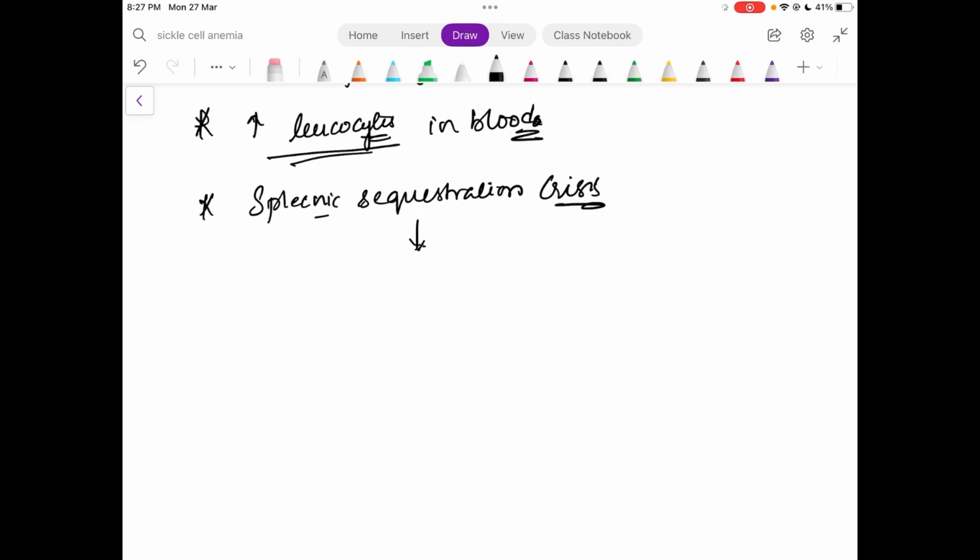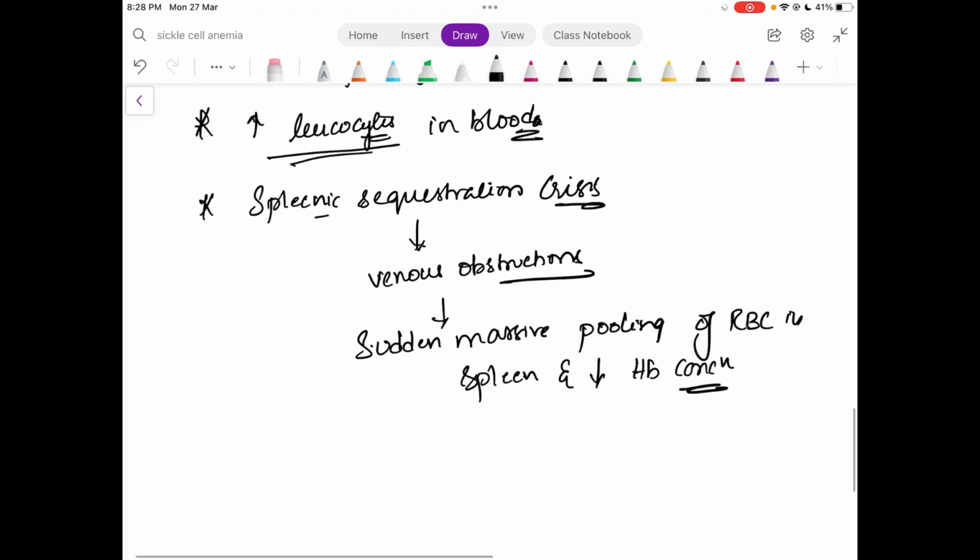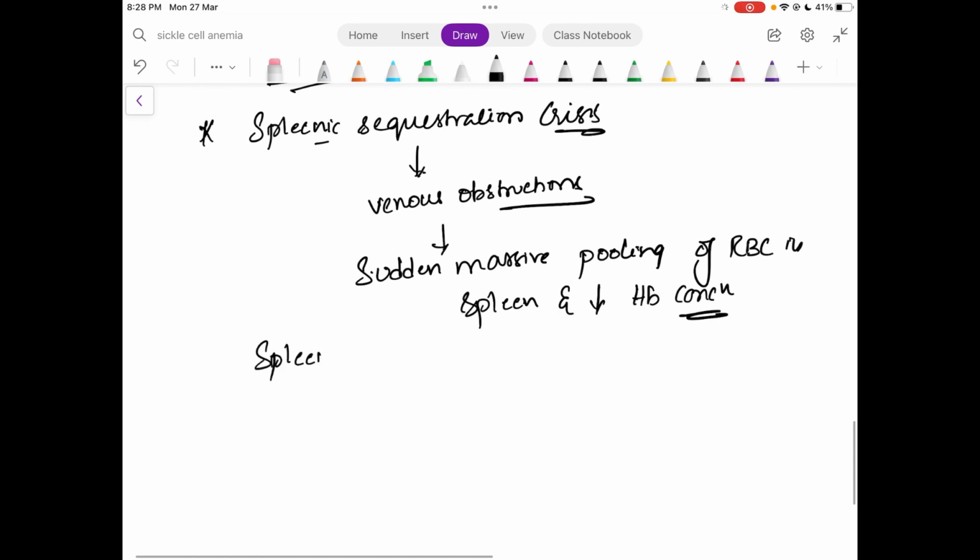There is venous obstruction and there will be sudden massive pooling of RBC in the spleen, and this decreases the hemoglobin concentration in the sickle cell anemia patient, and the spleen will be damaged. The spleen is damaged due to acute splenic sequestration crisis.